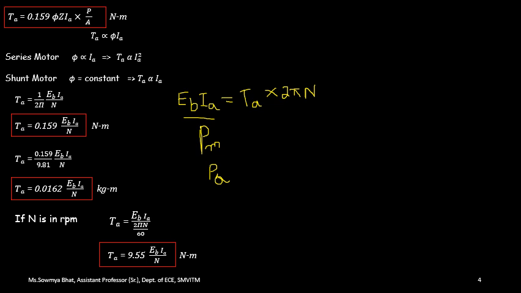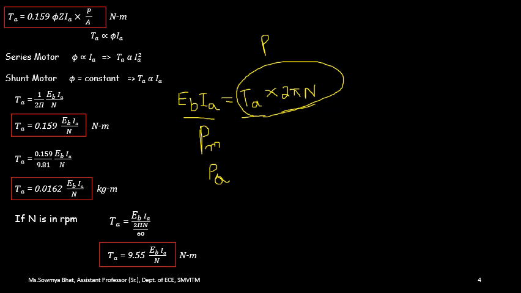So this is nothing but the armature torque TA multiplied with 2 pi into N. Once again, this is also considered to be the power with respect to the armature winding of a DC motor. So in the previous slide also we have equated both the equations.